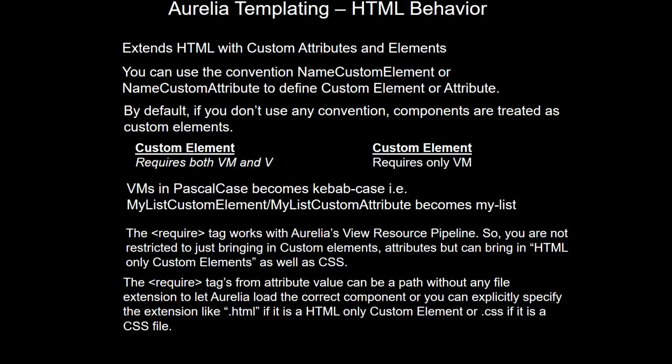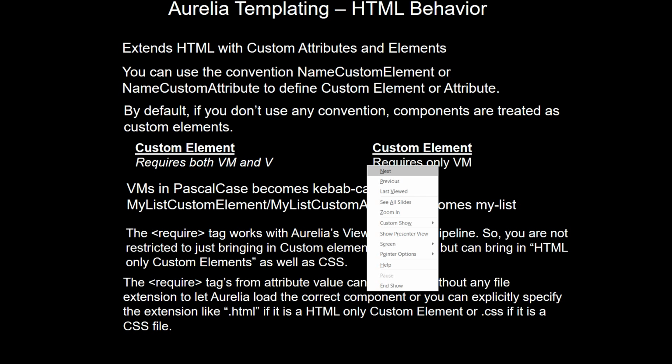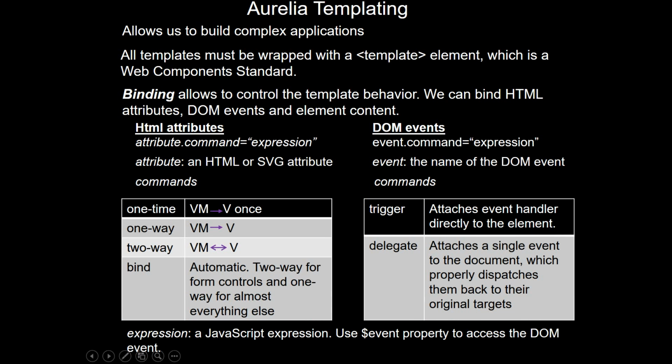Okay, so we've talked about a lot of concepts. So the recap is Aurelia templating. We can go back to that slide. Aurelia templating allows us to build complex applications, and the template tag is used for web components, and binding is the key. You could bind your HTML attributes. Also, you could bind your DOM events, and there are different kinds of bindings: one time, one way, two way bind, and there are two types of event commands, which are trigger and delegate.